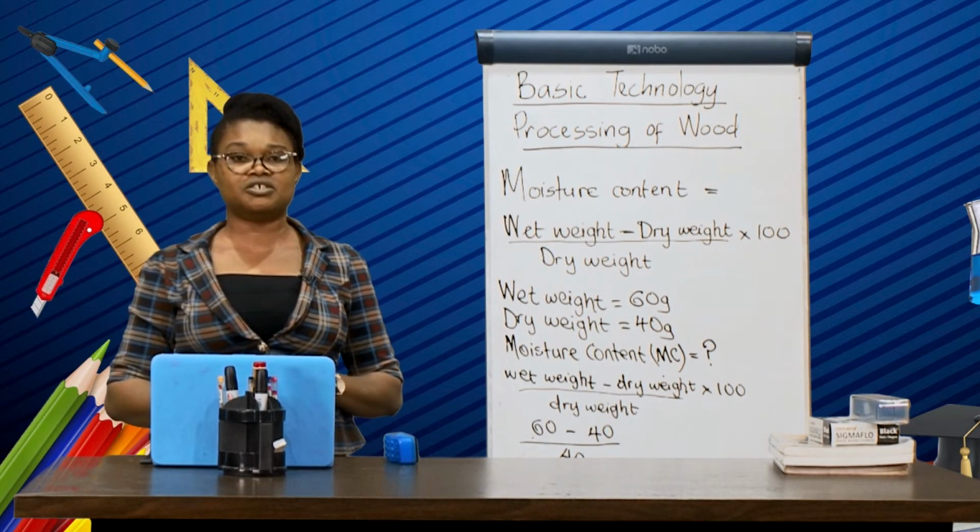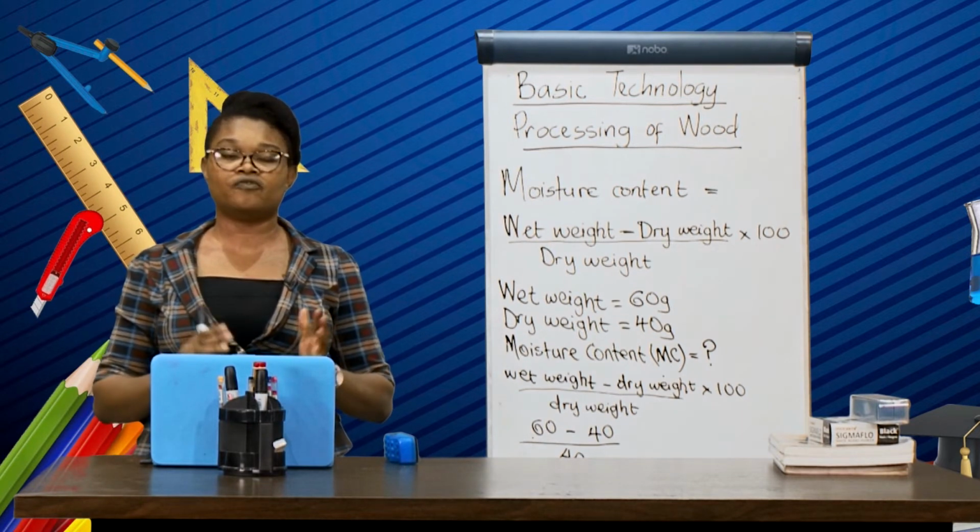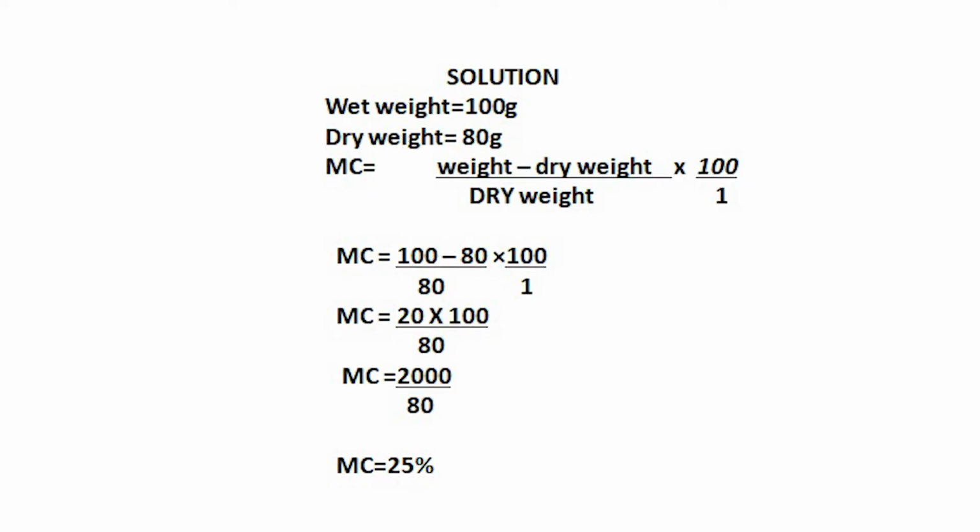The first step is to state your parameters. We have the wet weight equals 100 grams, the dry weight equals 80 grams, and then the moisture content unknown. We have a question mark in front of it.